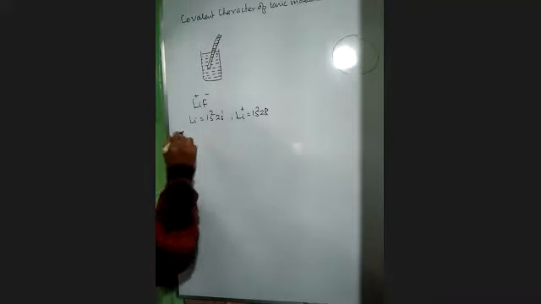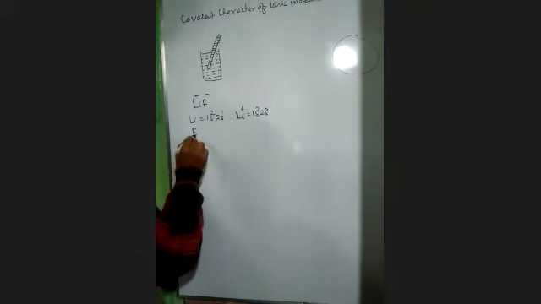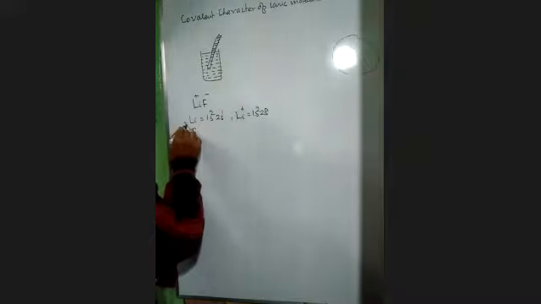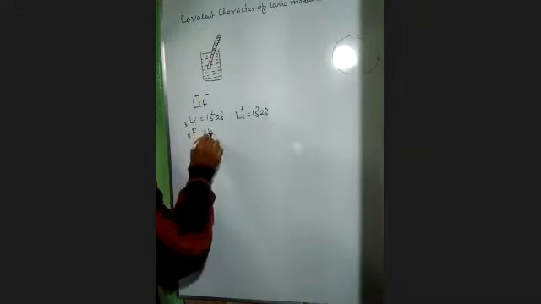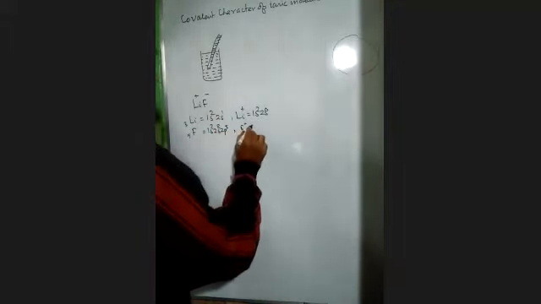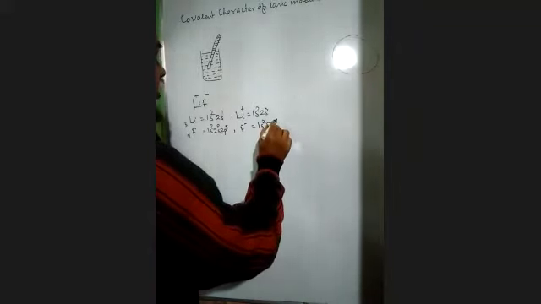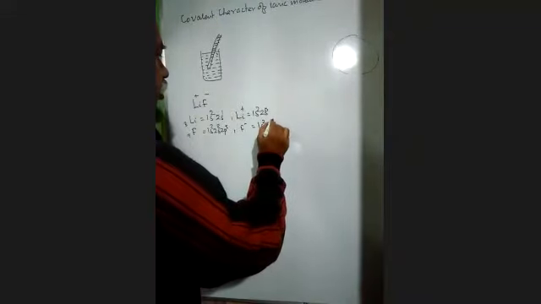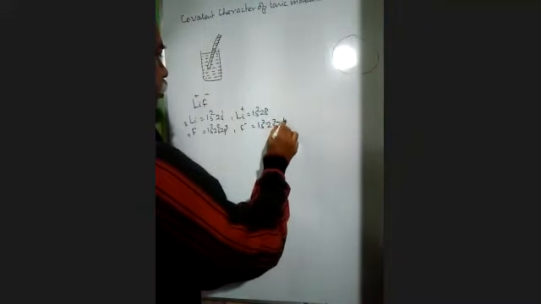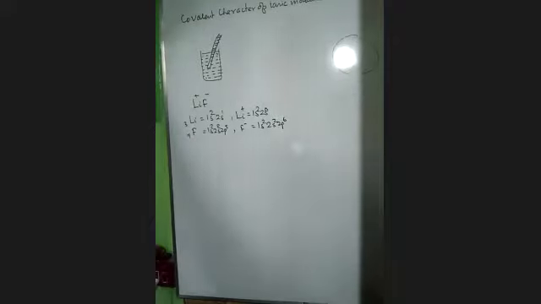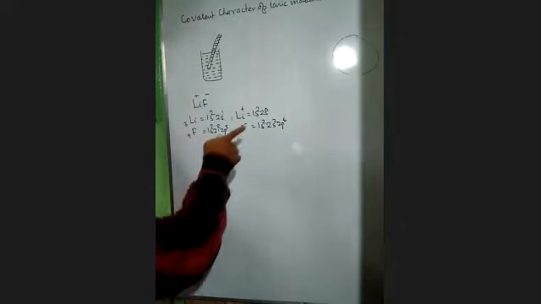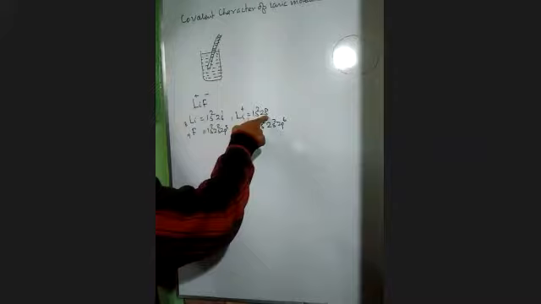How will it look? Look at it like fluoride. Fluorine is 1s2, 2s2, 2p5. F minus is 1s2, 2s2, 2p6. See here, this outermost shell is empty.